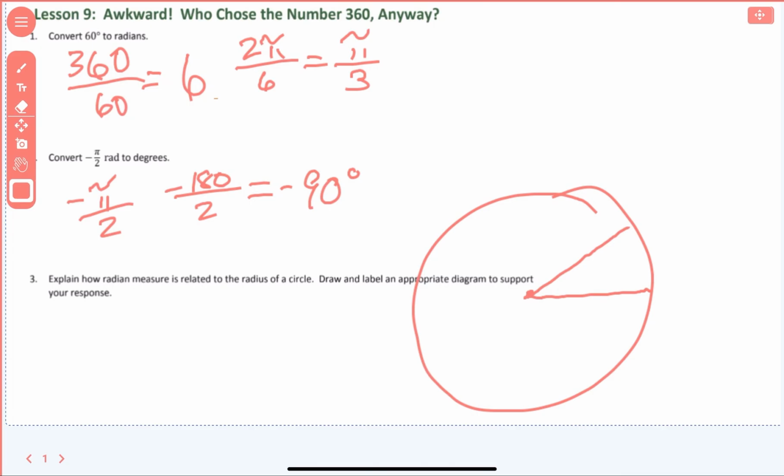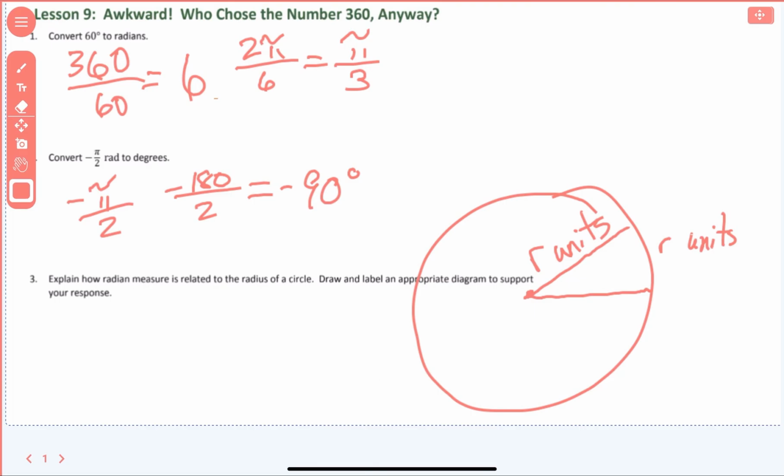What does it want? It is how radian measure is related to the radius of the circle. So this R units here is the radius, right? Well, that is equal to this arc here, R units.